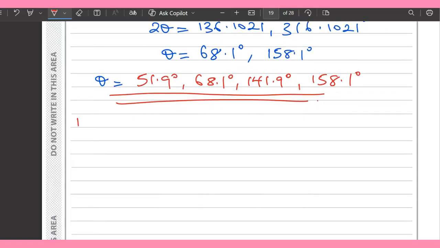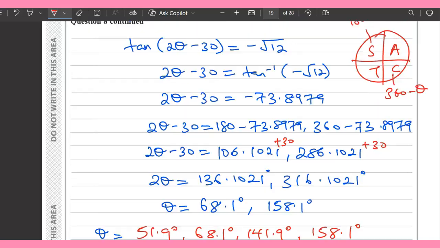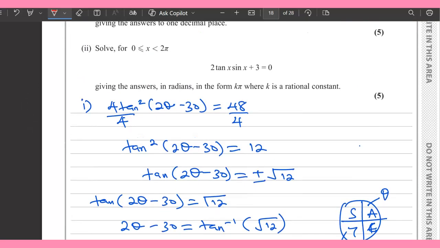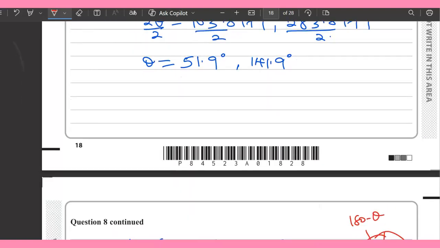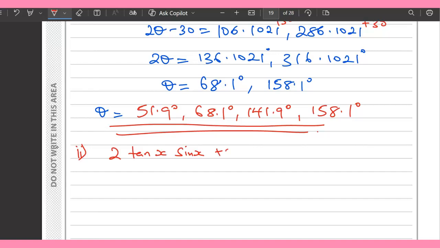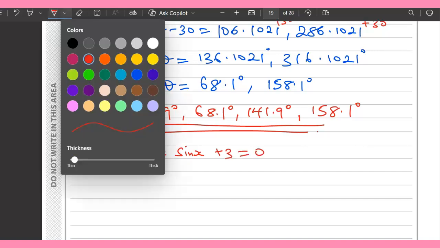So Roman 2 here will have 2 tan x sine x plus 3 equals 0. We can use the blue pen.